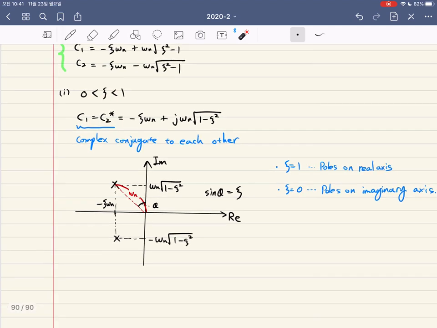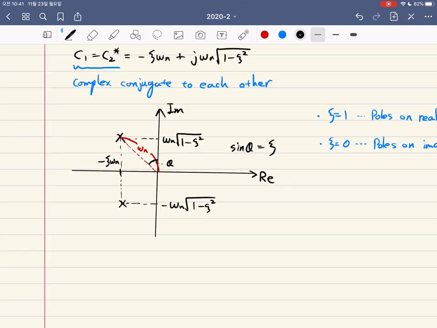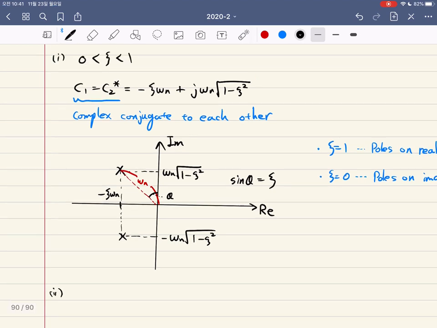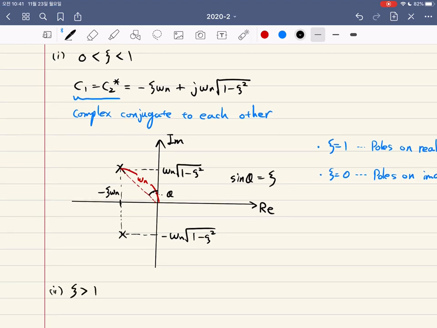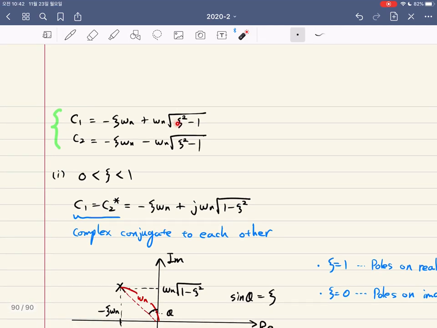And what happens if zeta is bigger than 1? If zeta is bigger than 1, then you have a positive value inside this square root, right? So this will be a real value, and this also will be a real value, which means C1 and C2 are both real.